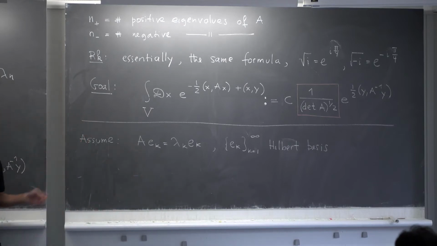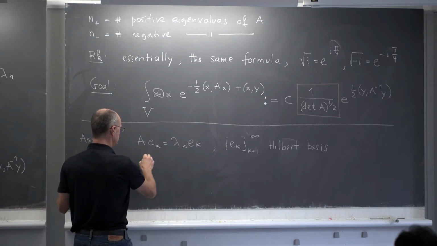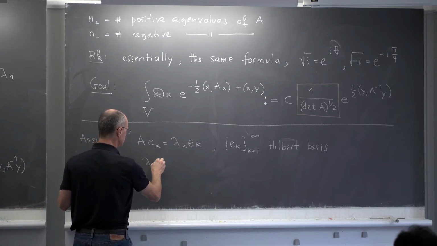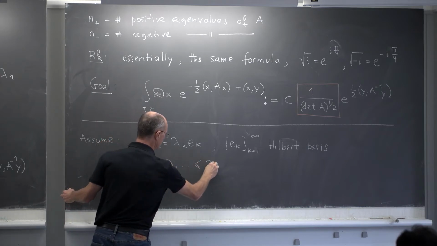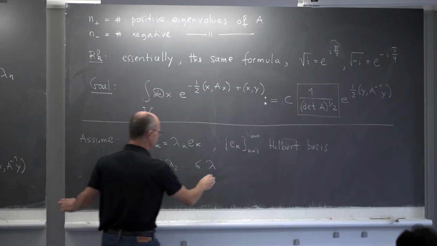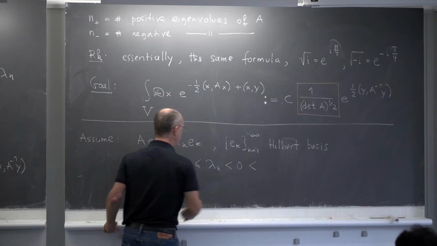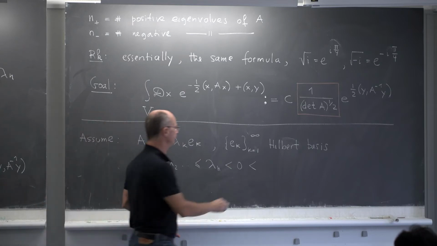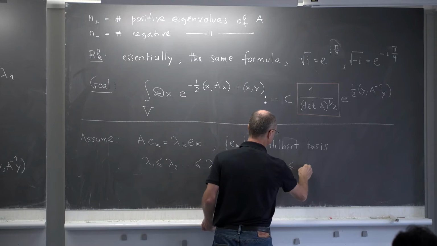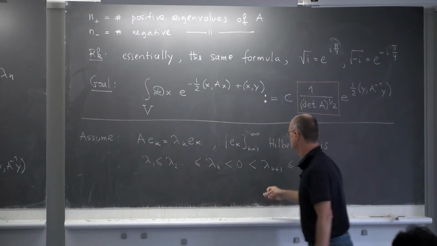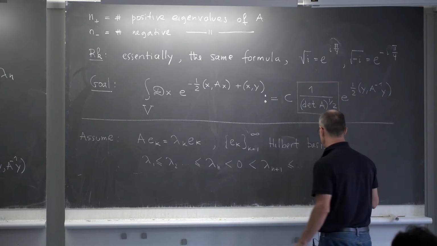I will add up assumptions when needed. I'll assume that A is bounded from below and may have some finite number of negative eigenvalues, but other eigenvalues, the infinity of eigenvalues, are positive.